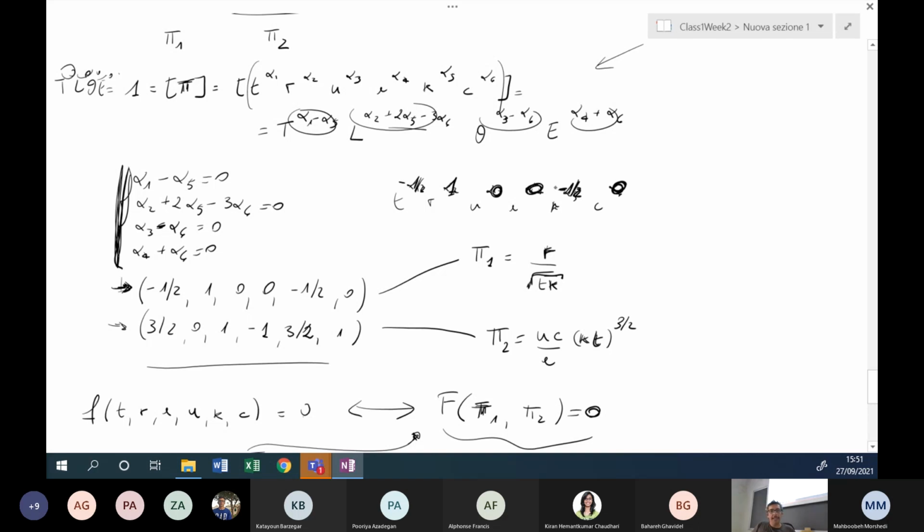Putting this information together, it's t to the minus 1 half, which means 1 over square root of t, r to the power 1 in the numerator, and k to the power minus 1 half, which means it's under the square root in the denominator. So the first dimensionless variable is pi 1, which is r divided by square root of t times k. The same thing holds for the second combination of alphas.